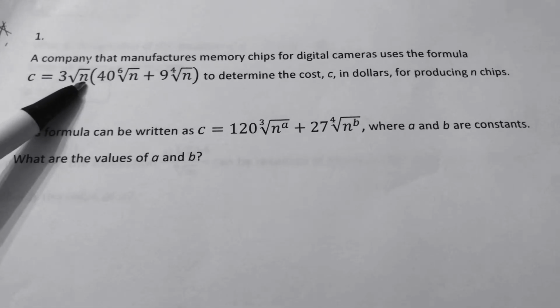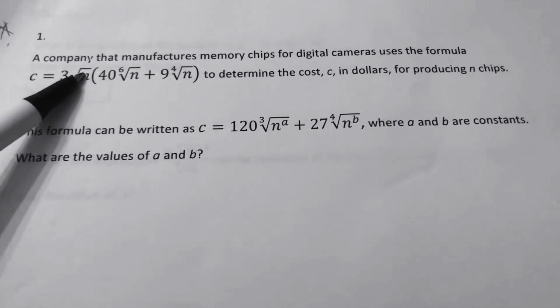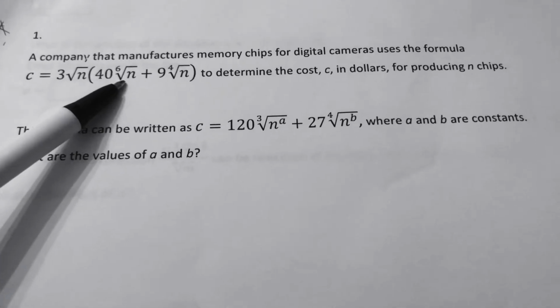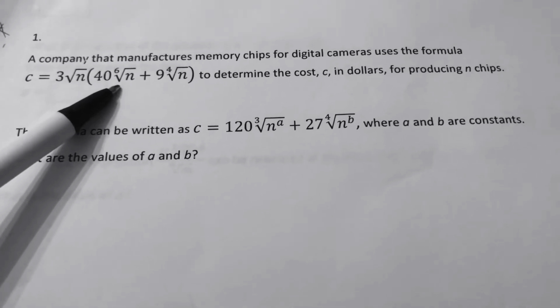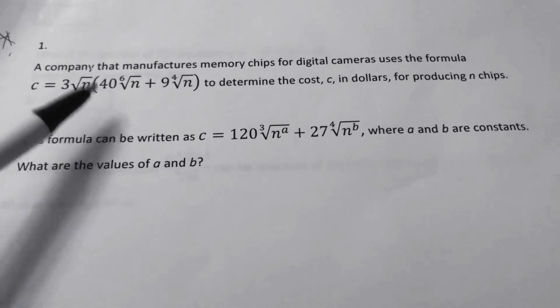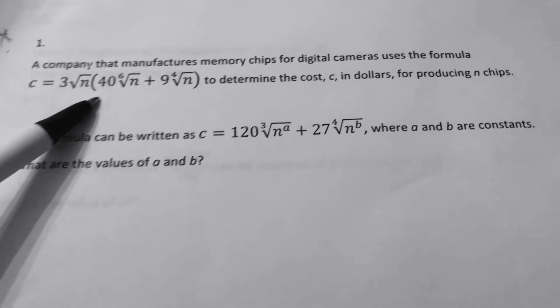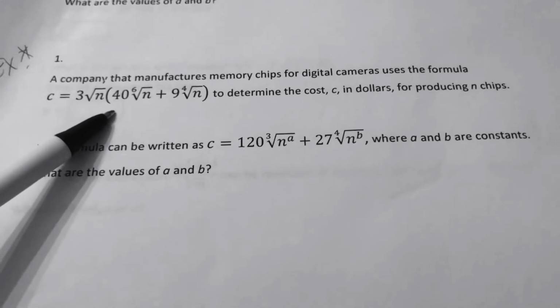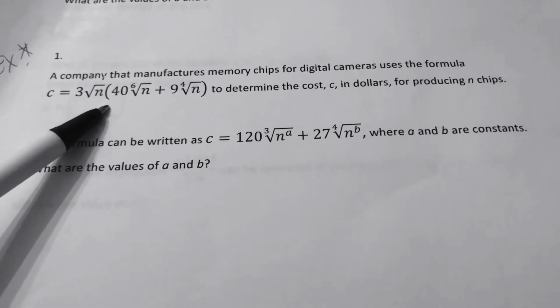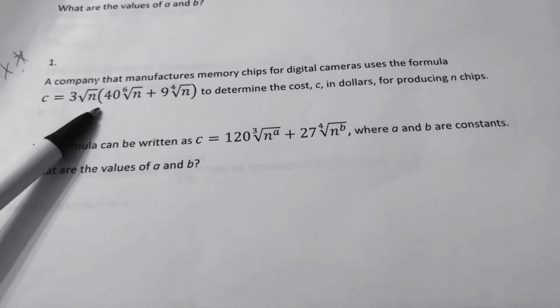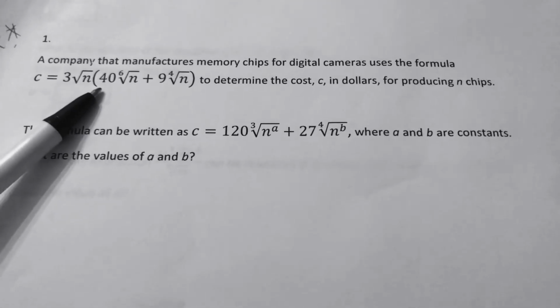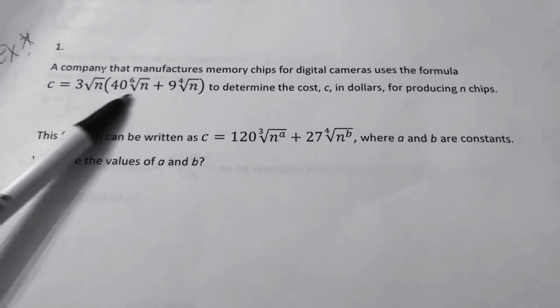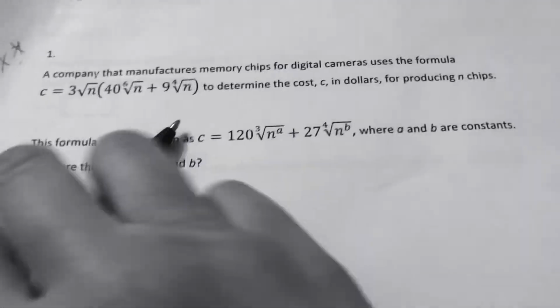But then my n's, radical n times the 6th root of n, how would you do that? So what we're going to do is change these first into rational exponents, and then we can distribute.